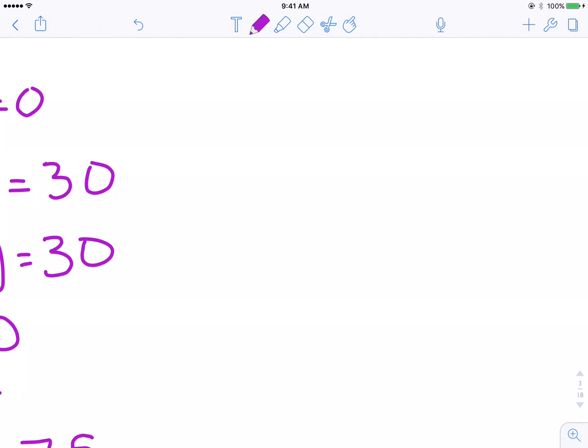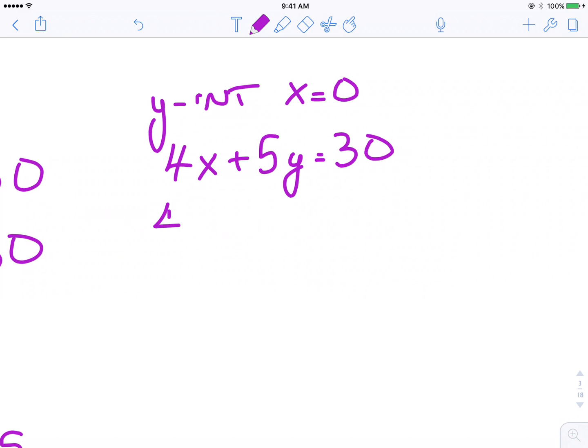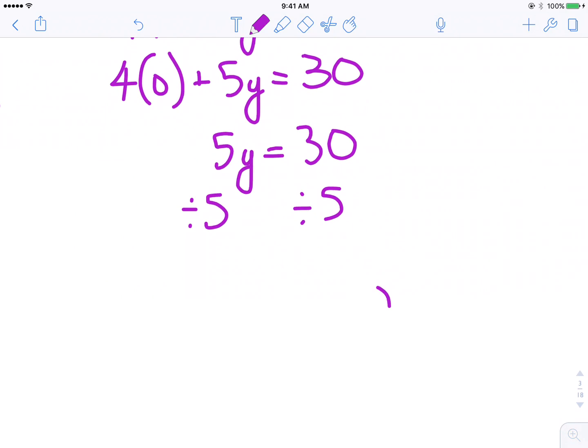I do a similar calculation to find my y-intercept, except I know that x has to equal 0. Start with my equation, 4x plus 5y is equal to 30. Substitute in 0 and simplify. Divide by 5, and y is equal to 6.